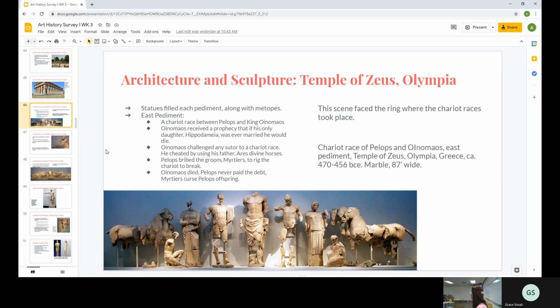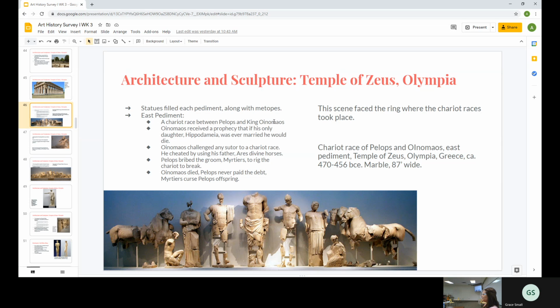The east pediment sculpture, which faced that chariot ring, was a chariot race from mythology, not just any chariot race. It was a chariot race between Pelops and King Oenomaus. Oenomaus received a prophecy when his daughter was very young that should he ever let her marry, he was going to pretty much be doomed and he would die.